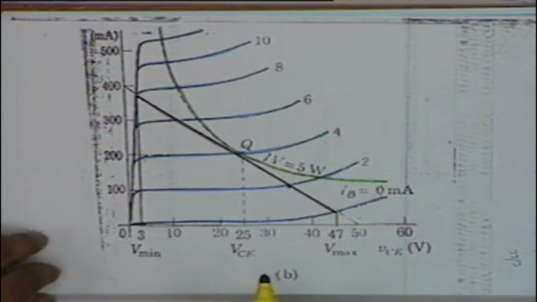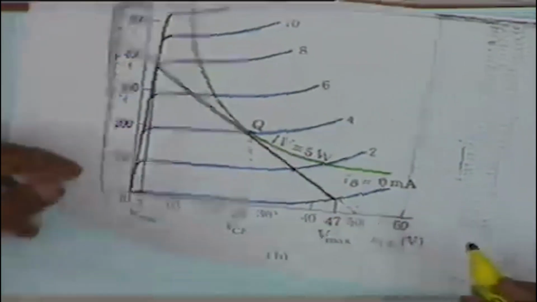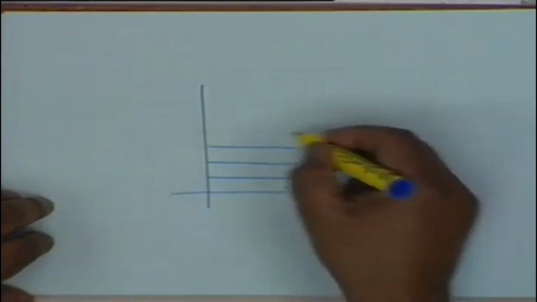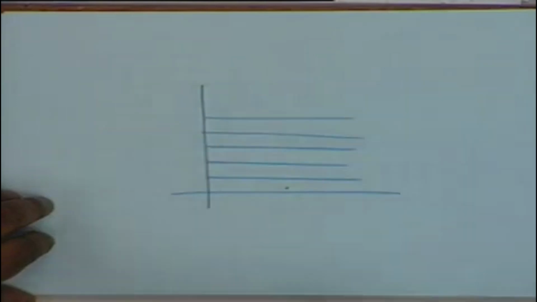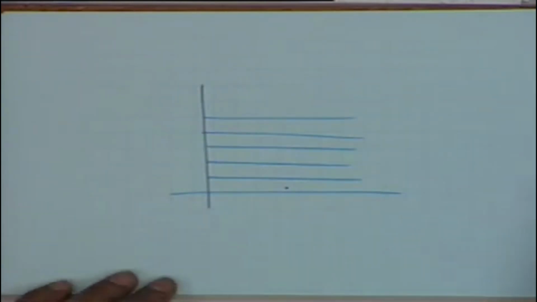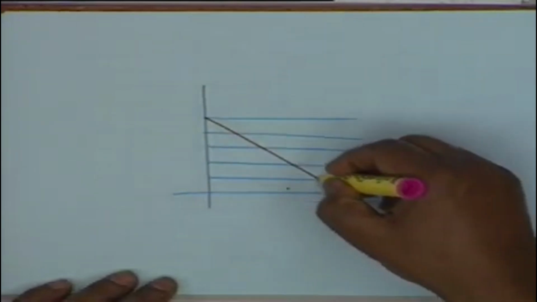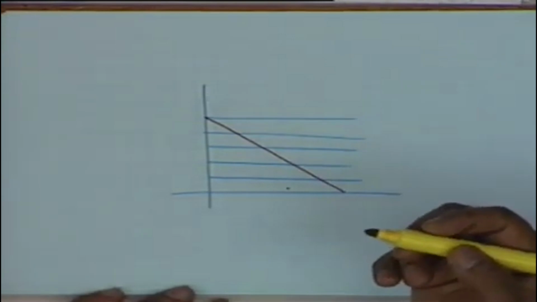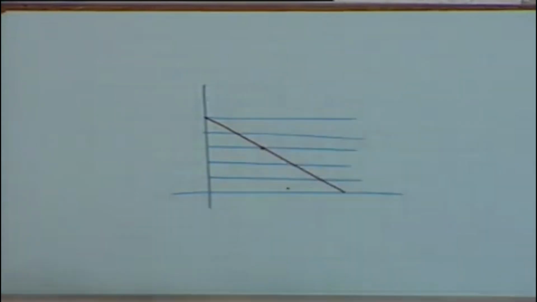Suppose we go to an extreme, suppose we put our Q point, let us consider ideal characteristics. Ideal characteristics would be like this and suppose your load line is this. As I said, there are many choices of Q point. Q point could be here, could be somewhere here, and you could arrange so that for all times the collector current flows.